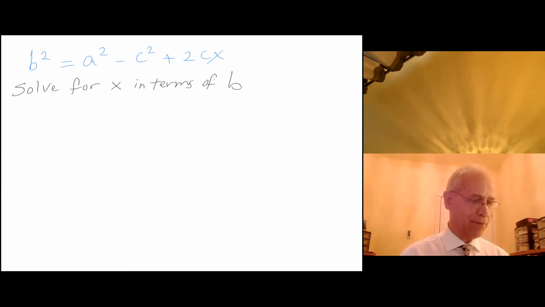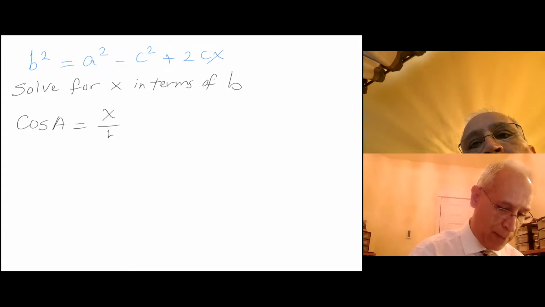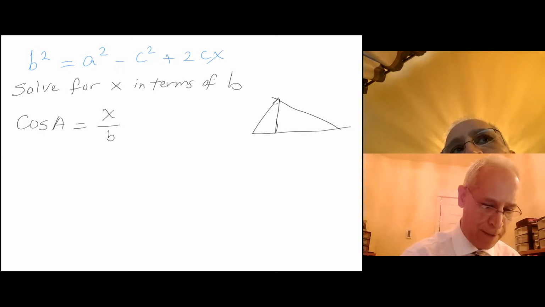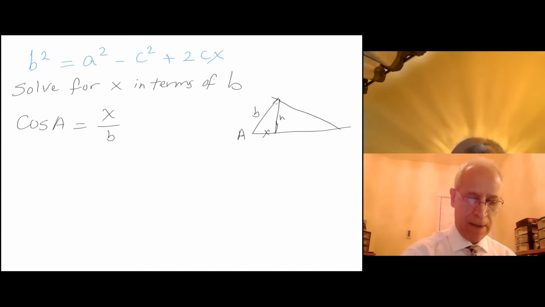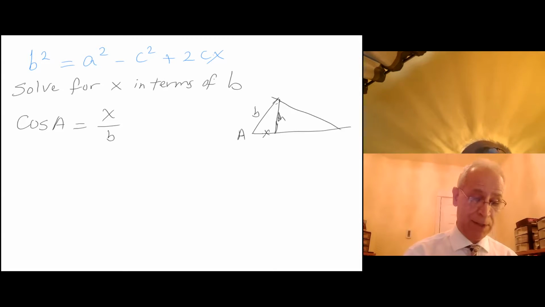What is it that we know? By looking at the left-hand side triangle or original drawing, I know that cosine of A equals x over b. Remember that on the first page we had this was my x, this was my A, this was my b, and this was my H. By definition, cosine is adjacent over hypotenuse, so x over b.